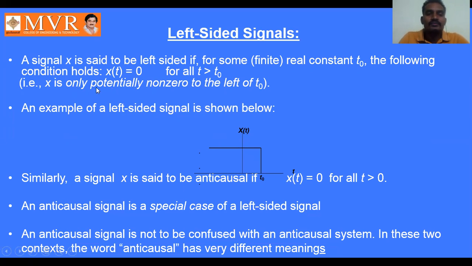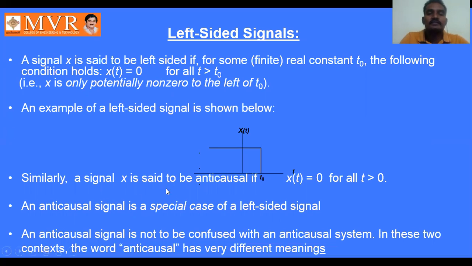That is, x is only potentially non-zero to the left of t naught. So from minus infinity to t naught, it has some value. From t naught to plus infinity, its value is 0. This is an example of a left-sided signal. It will be located at the left side of the real constant value t naught.